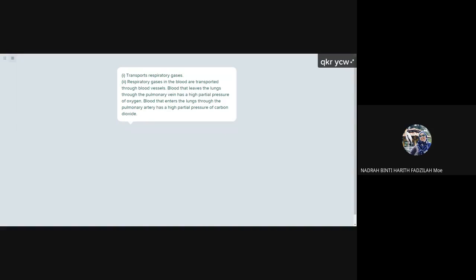Dia compare in terms of blood that leaves the lung through pulmonary vein has a high partial pressure of oxygen, whereas blood that enters the lung through the pulmonary artery has high partial pressure of carbon dioxide. So sebab soalan ni 3 markah, you need to also include what happens when blood arrives at the body tissue area pula.